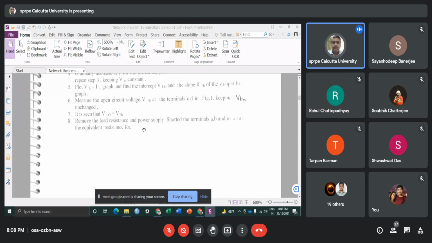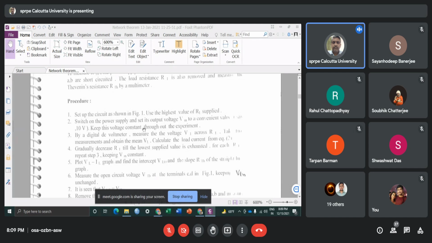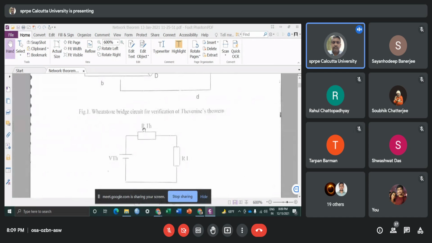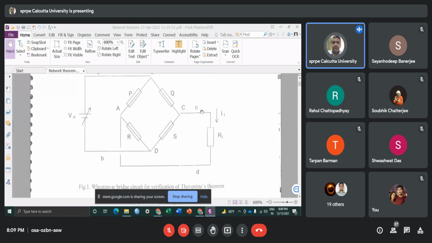If I open the load resistance then I can directly measure the open circuit voltage. So once we get it from the graph, and once experimentally by opening this resistance RL, so we can directly measure the potential across this.